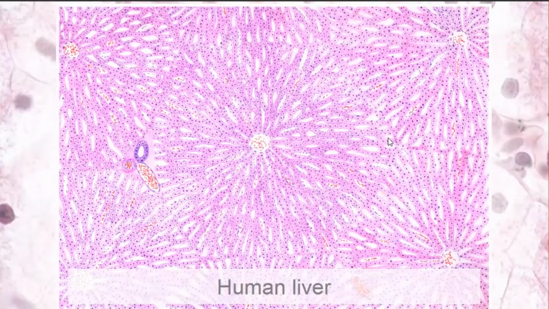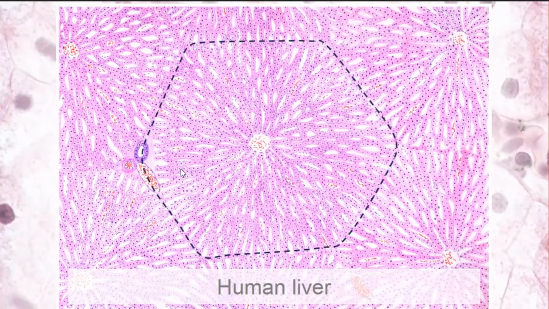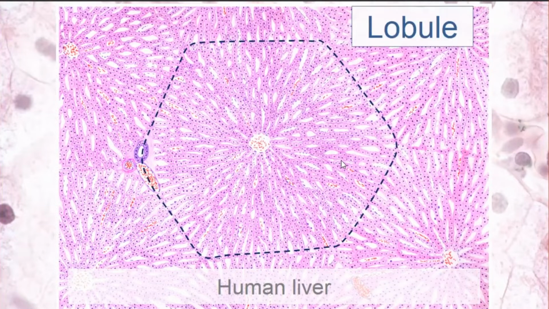In human liver, we cannot find clear borders between the hepatic lobules. Those septa are well developed in pig's liver, but in human liver, we can see that there are no clear borders between lobules, but we can find here hexagonal region which surrounds central vein, and hexagonal region around this vein is lobule in human liver.